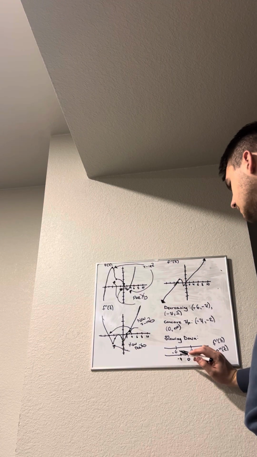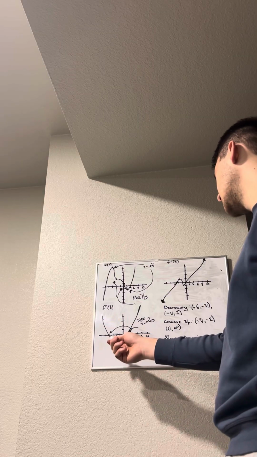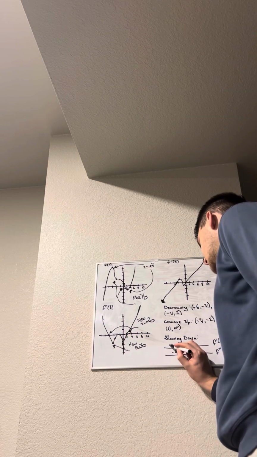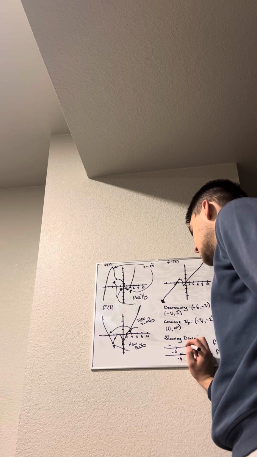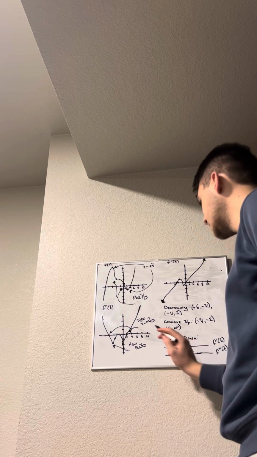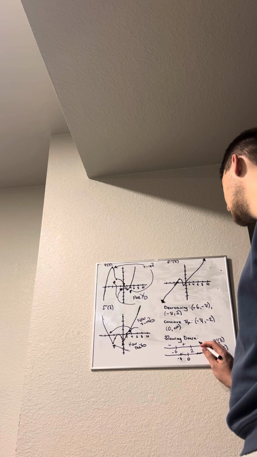So now we just gotta look at the patterns that we see over here. So right here we can say that up until -6, this is negative, and then from -6 to +2 on the first derivative of f of t, we can say that it's positive.